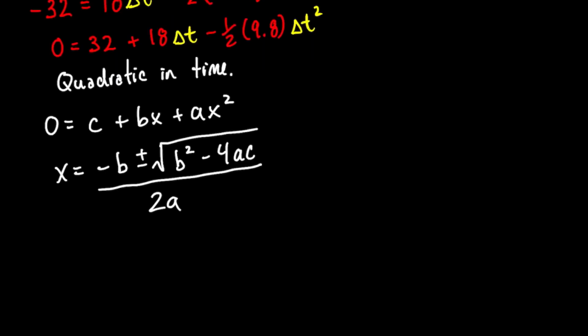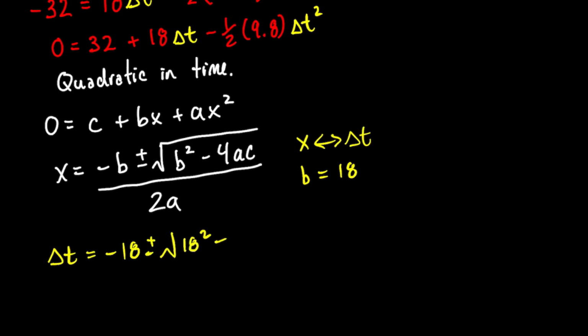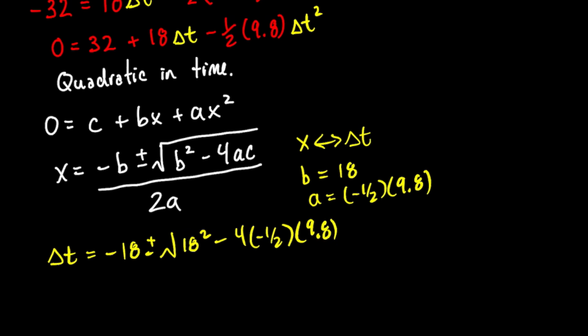But for our case, x is the change in time, so let's replace this with delta t. Our b is actually 18. Our a is negative 1/2 times 9.8. And our c value is 32.